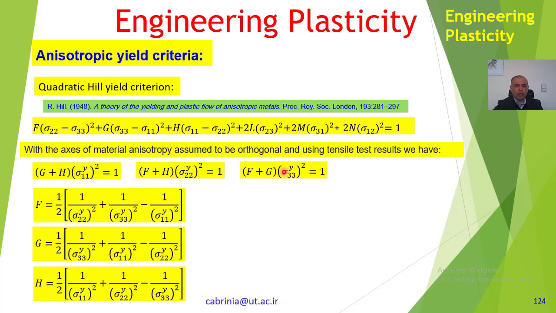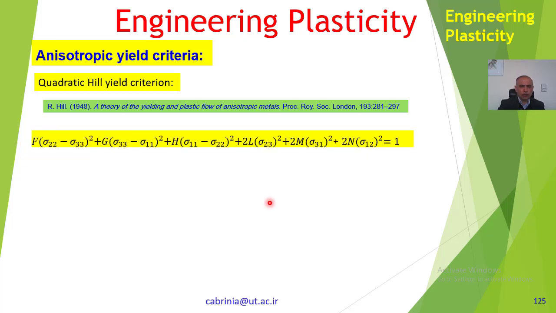From this we obtain these three values for f, g, and h in terms of yield strengths in three directions: sigma 1,1, sigma 2,2, and sigma 3,3.